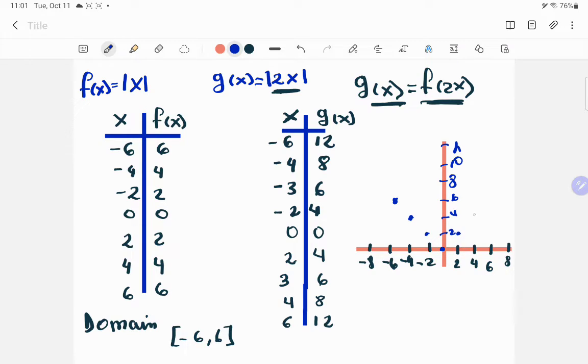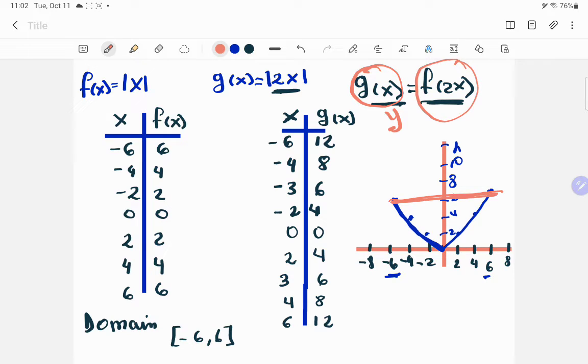And I have the symmetry to the side. Okay, this is my absolute value. Sorry, it's not so accurate. But this is my domain from negative 6 to 6. The highest value that I have for my y is 6. And I cannot exceed that value because g of x is the y, and it has to have the same y as f.